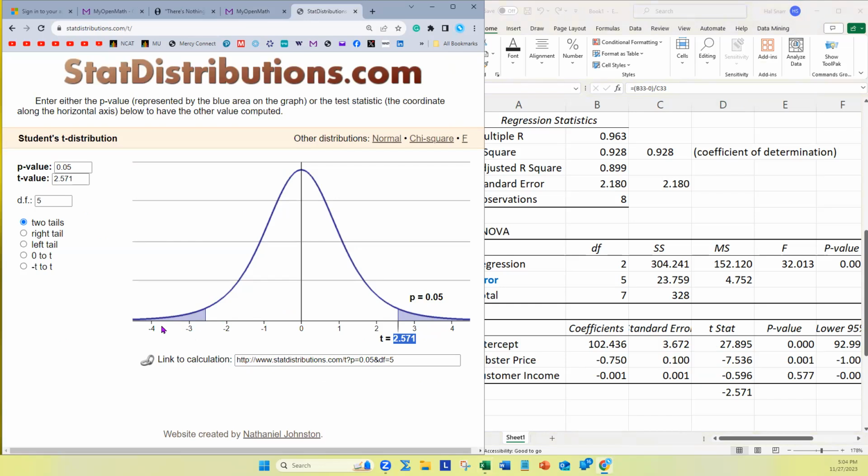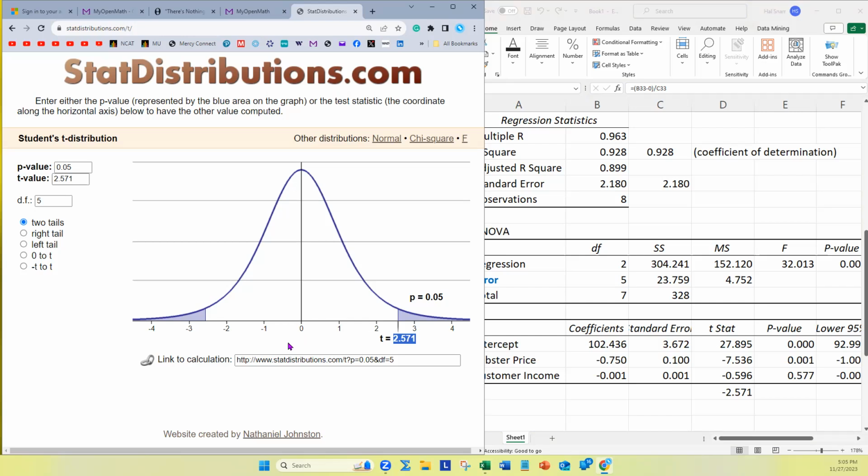So if that difference between the estimated parameter and 0 is significant, then we have evidence in support of the alternative hypothesis. If our test statistic is close to 0, we're under the white area, and we would say the difference between our estimated slope and 0 is insignificant, and we would have evidence in support of the null hypothesis.